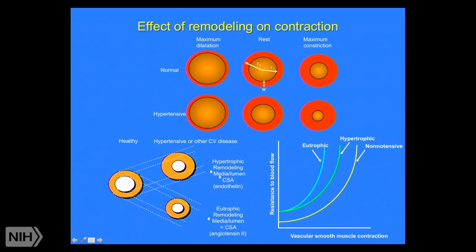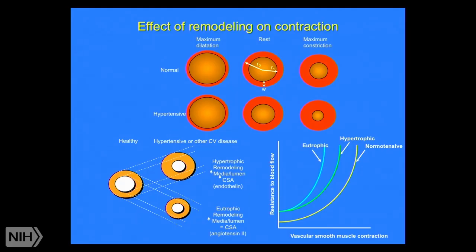This schema over here shows you the difference between eutrophic and hypertrophic remodeling. Here, the media to lumen ratio is increased, but the cross-sectional area is not altered. Whereas in hypertrophic remodeling, the media is enhanced, is increased, and the cross-sectional area is greater, and therefore this is true vascular hypertrophy.